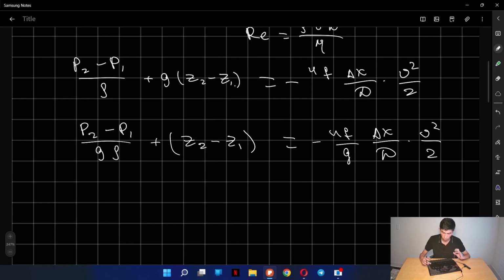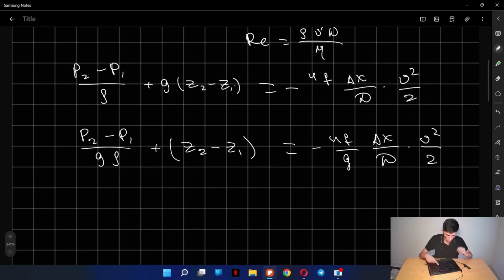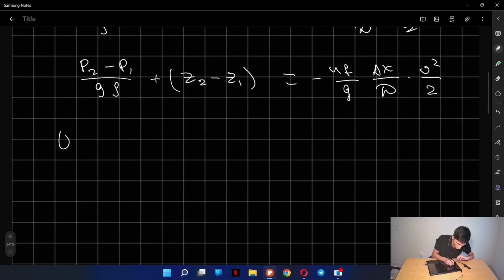Now we have our equation, and in the question we have to calculate the head drop given flow. So what is our flow? We know that our flow is the velocity times the cross-sectional area of the pipe.